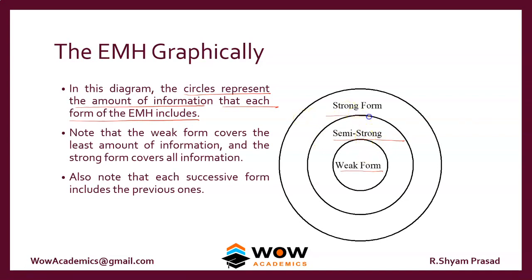The strong form contains the semi-strong as well as the weak form. So the successive circles contain the inner circle's information also. Note that the weak form covers the least amount of information and the strong form covers all the information. Also note that each successive form includes the previous one. That is a very important point.